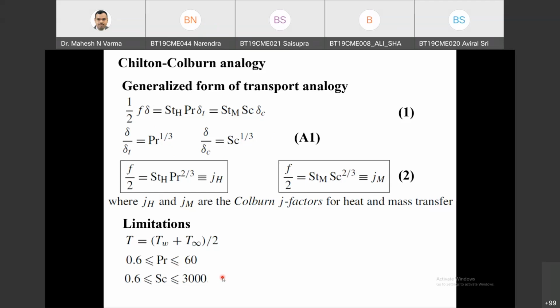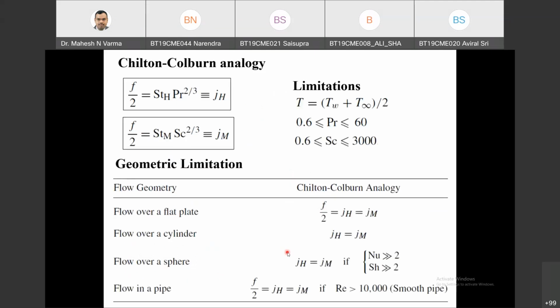Because these are all semi-engineering correlations. Engineering correlation means your observations are put together to estimate these theoretically defined quantities, so certainly there will be error. So these are the limitations of the Chilton-Colburn analogy.